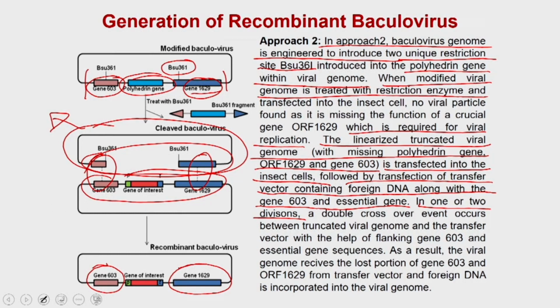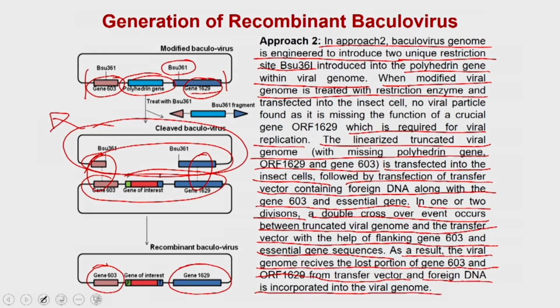And now this recombinant baculovirus is ready for protein production. So, a double cross event will occur between the truncated viral genome and the transfer vector with the help of the flanking gene 603 and essential gene sequences. As a result, the viral genome receives the lost portion of gene 603 and ORF 1629 from the transfer vector, and the foreign DNA is incorporated into the viral genome.